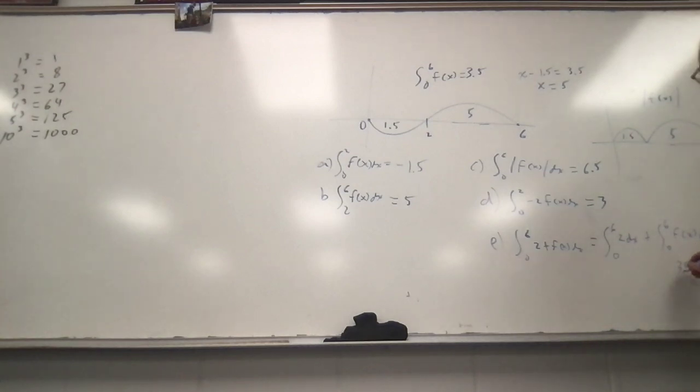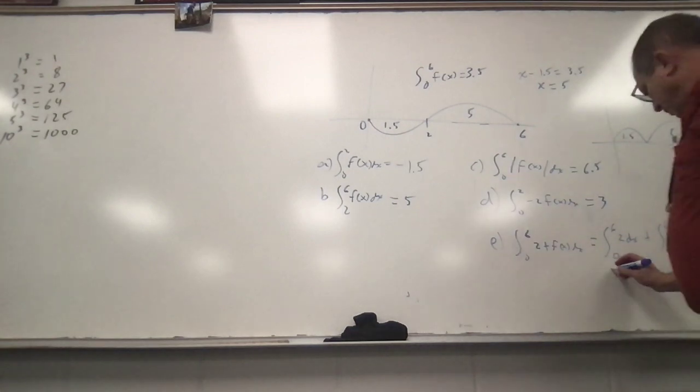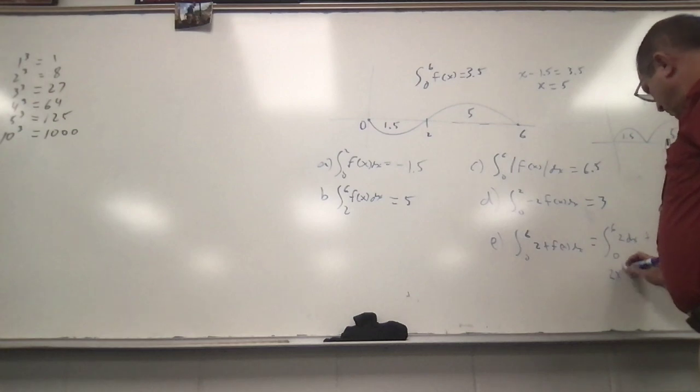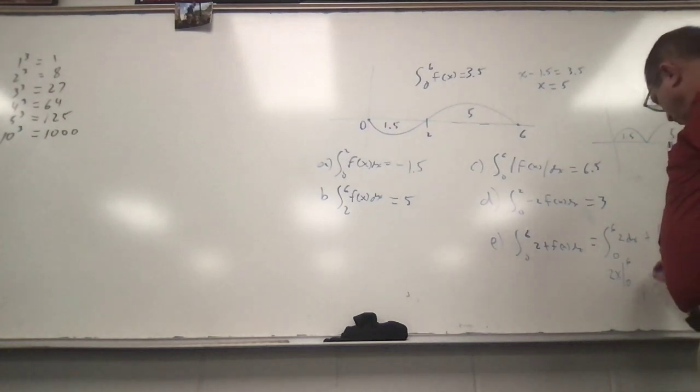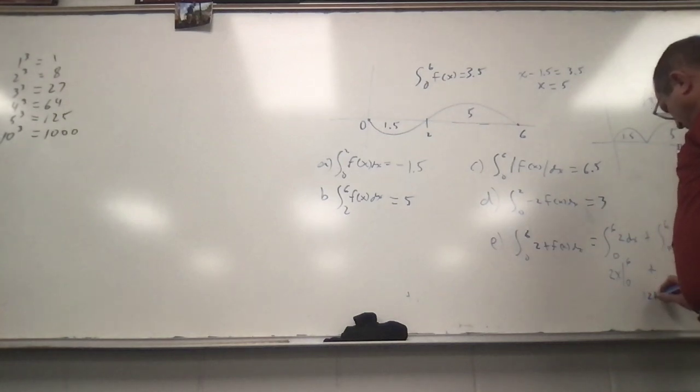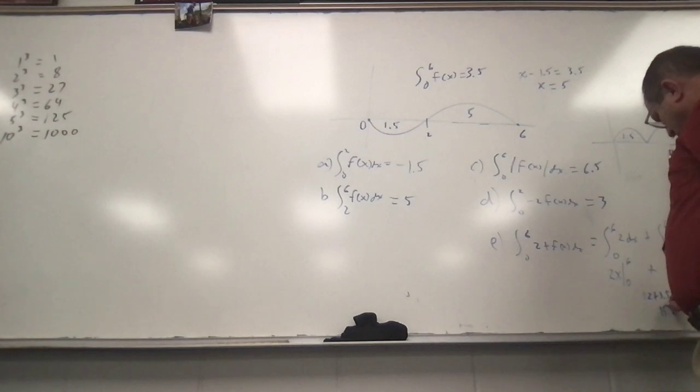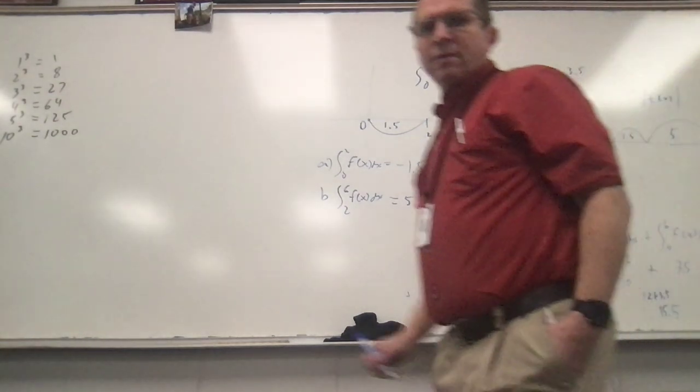So now we have to do it for 2, so the antiderivative of 2 is 2x. So we're going from 0 to 6, so it's going to be 12 plus 3.5, which would be 15.5. That would be the solution.